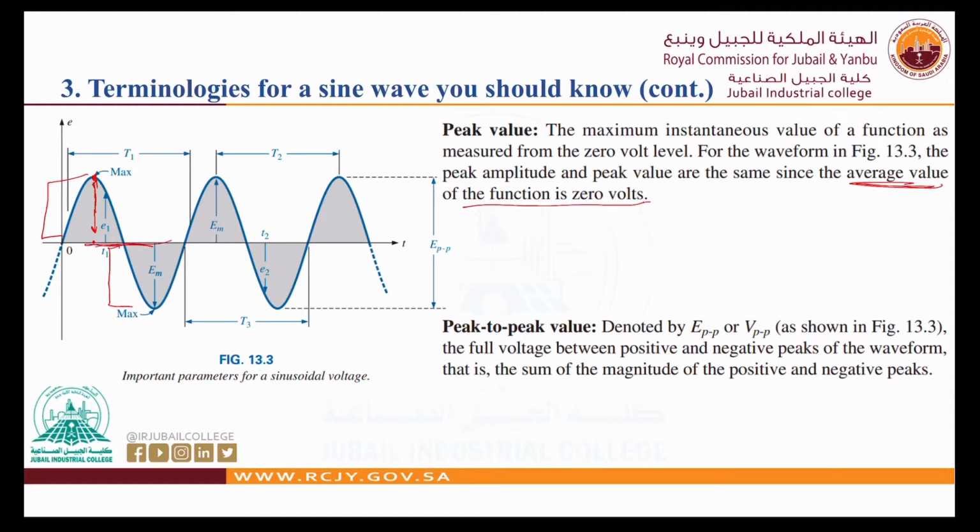When the average is 0, the peak amplitude is equal to the peak value. They are actually the same in this type of AC wave. Okay, peak to peak value.